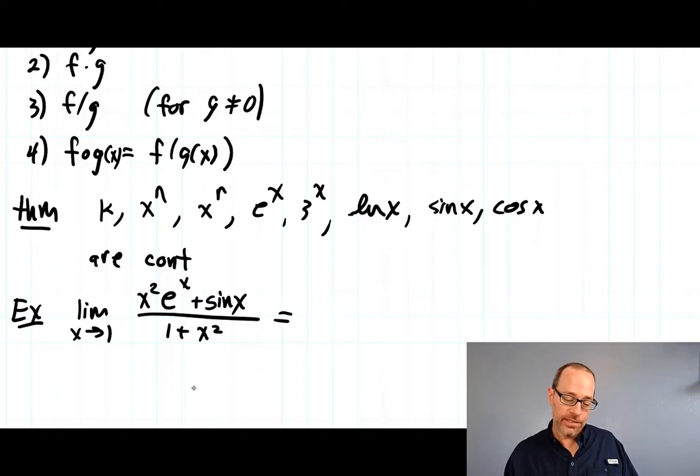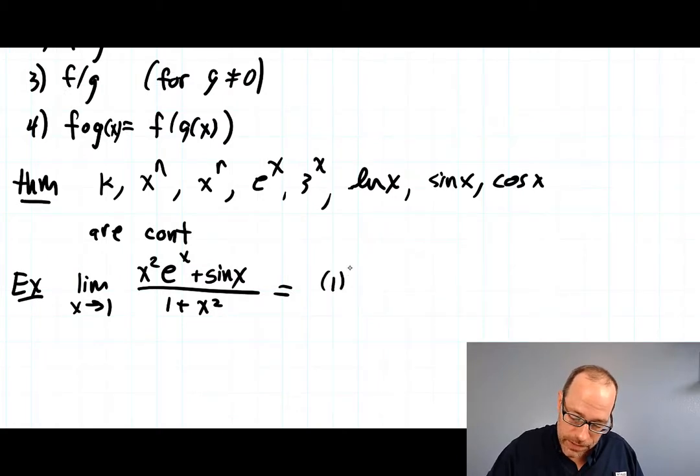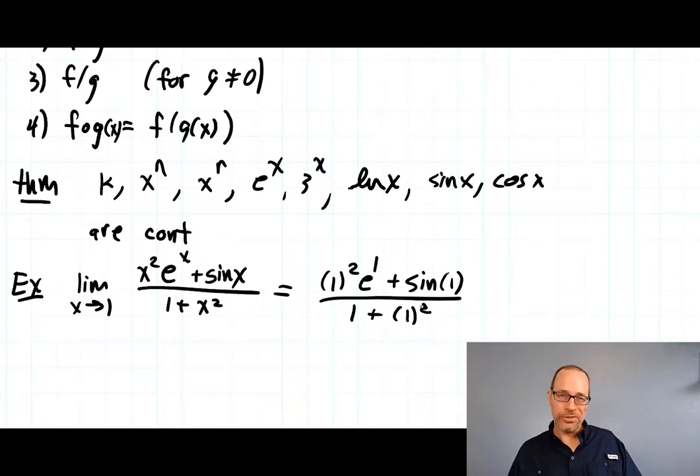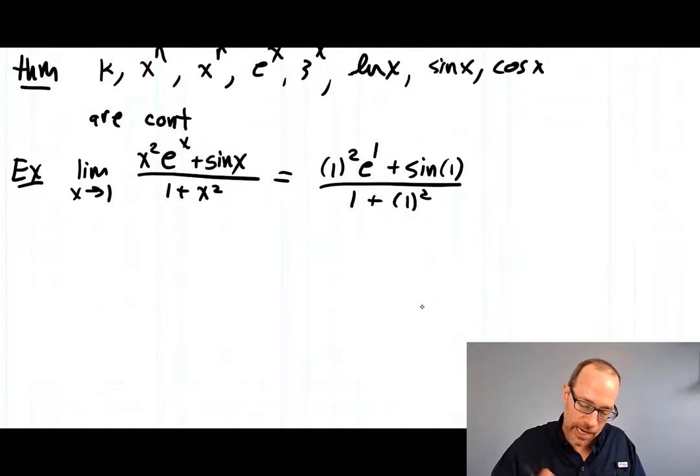So to evaluate this limit, since everything is continuous, I just plug in 1 everywhere. So it's 1 squared e to the 1 plus sine of 1, all over 1 plus 1 squared. And that's your answer. Super easy because it's continuous. You can ask problems like this in more complicated ways.